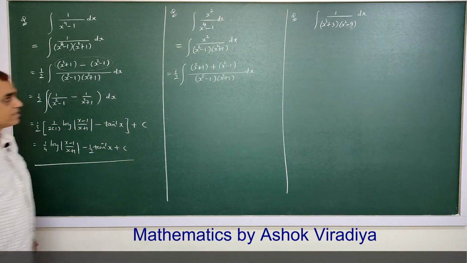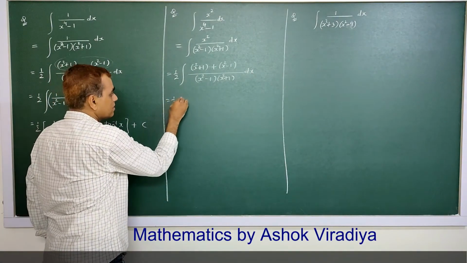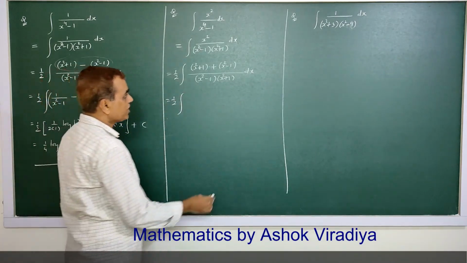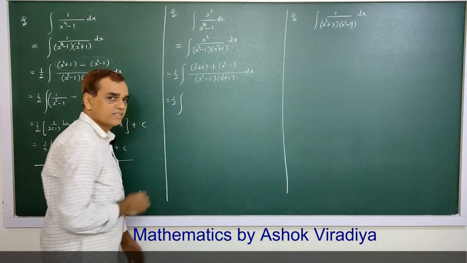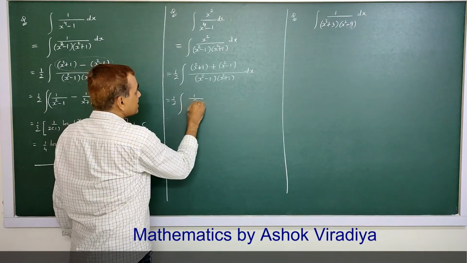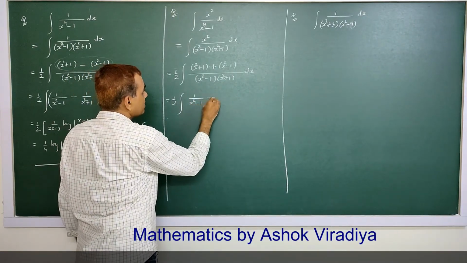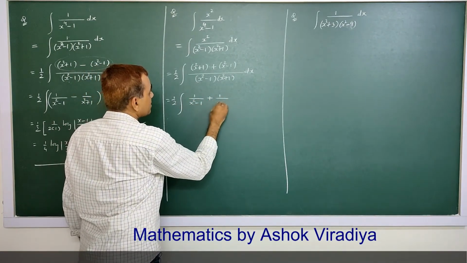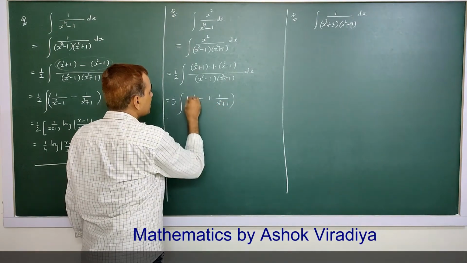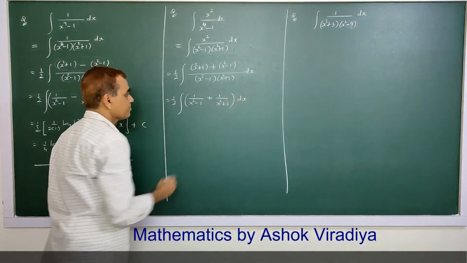Now this side, dividing individually, similar terms we are going to get. So 1 upon x square minus 1 plus 1 upon x square plus 1 dx.